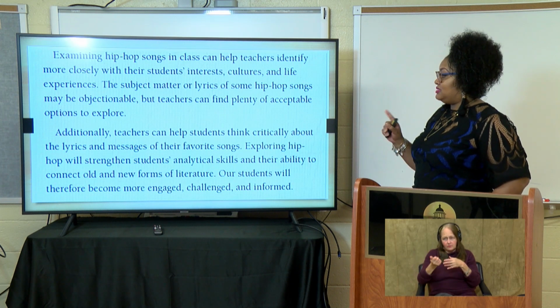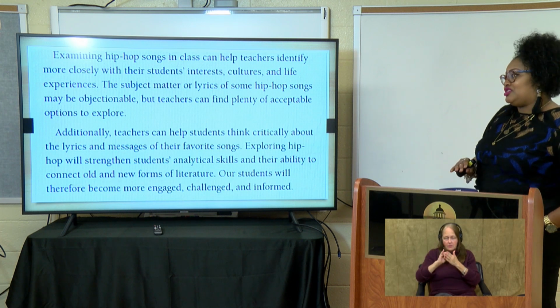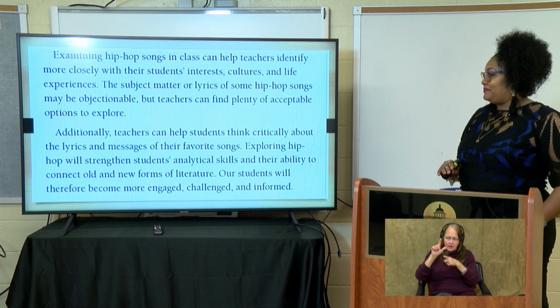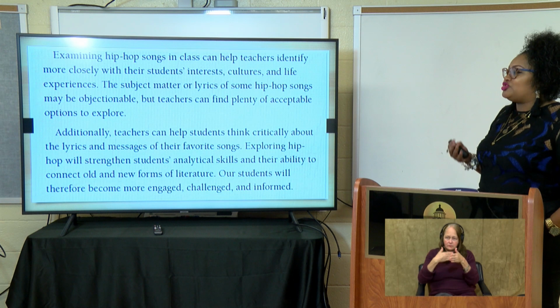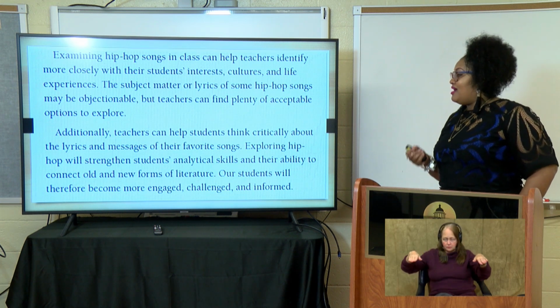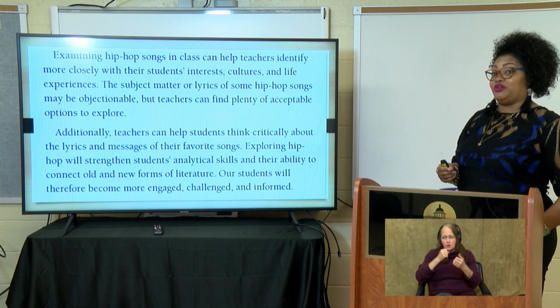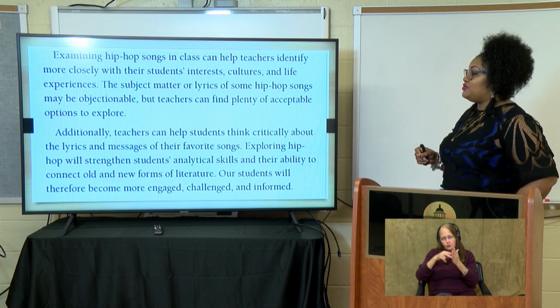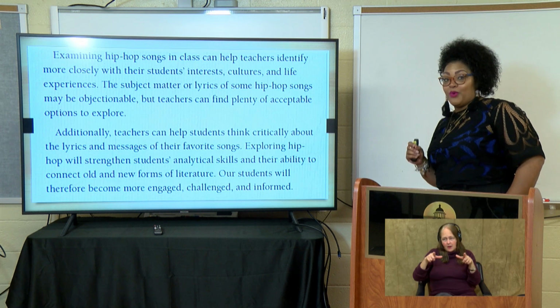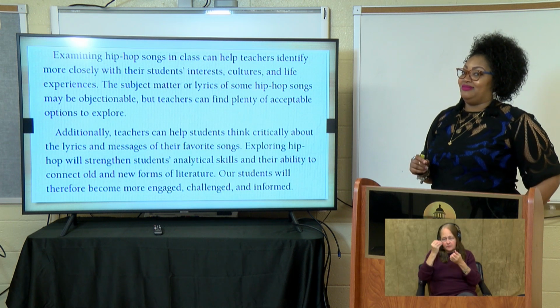Additionally, teachers can help students think critically about the lyrics and messages of their favorite songs. Exploring hip hop will strengthen students' analytical skills and their ability to connect old and new forms of literature. Our students will therefore become more engaged, challenged, and informed.